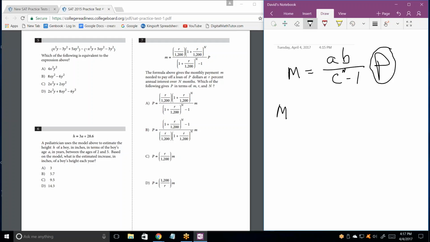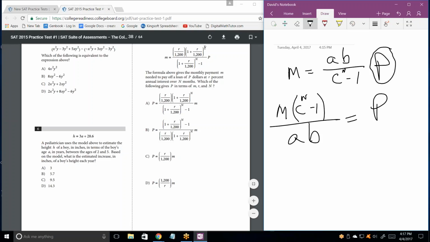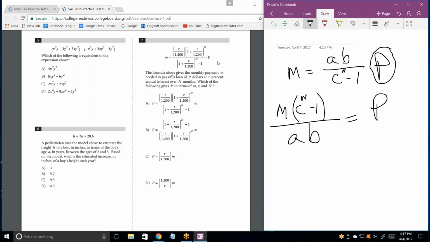M times C to the n minus 1, and you divide by the numerator. And that's equal to P. It's as simple as that. What this problem does is tries to confuse you by putting these really complicated terms in place of A and B and C.